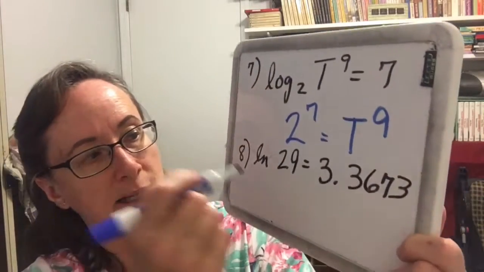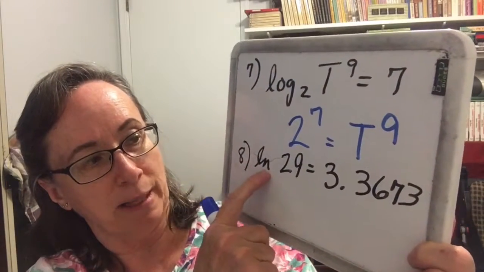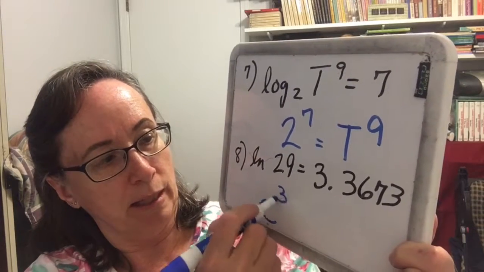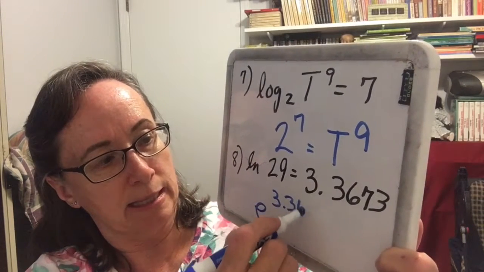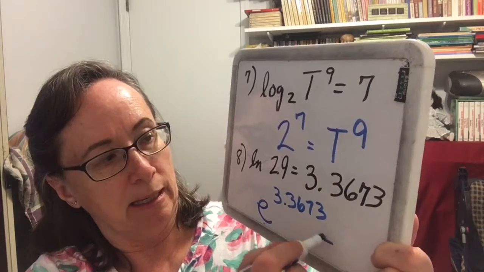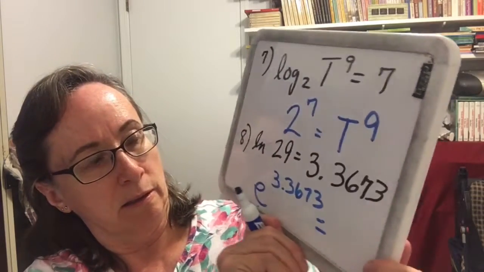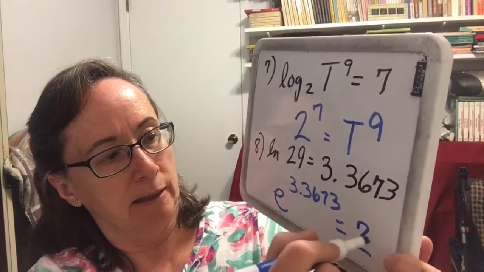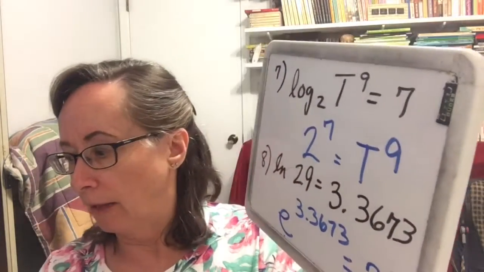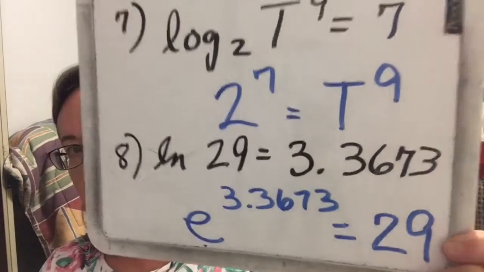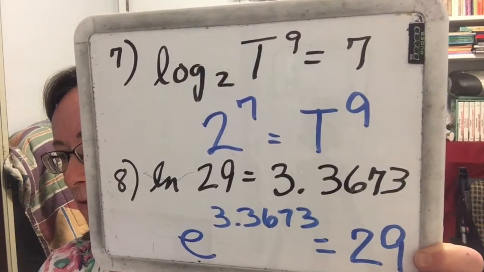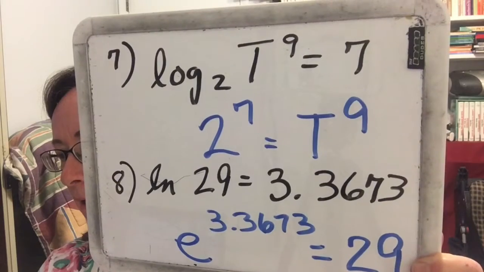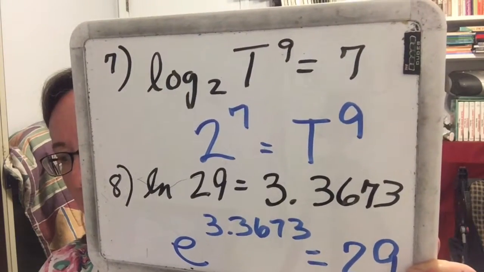All right, and then over here, since this is log base e, we're going to have e to the 3.3673 equals, okay, so e to the that is 29. And those are the two answers for that one. Okay, those are correct.